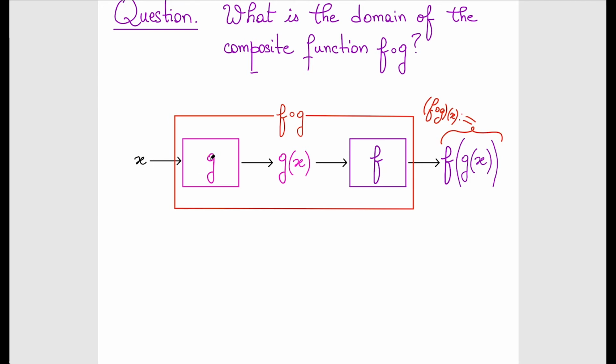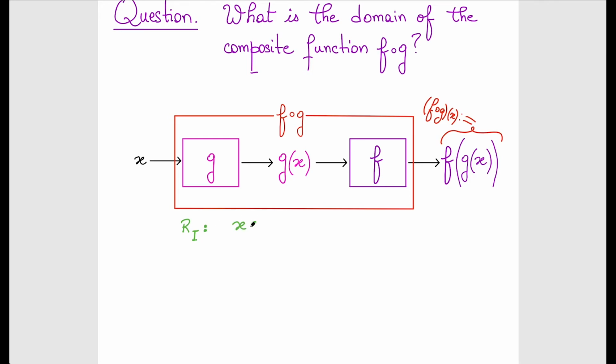Because if x is not accepted by g, the process stops here, and then the composite function doesn't produce an output. So you need x to be accepted by g. And what does it mean for x to be accepted by g? It means that it should live in the domain of g, correct? So requirement number 1, let me call it R1, meaning requirement 1. This is my first demand on x.